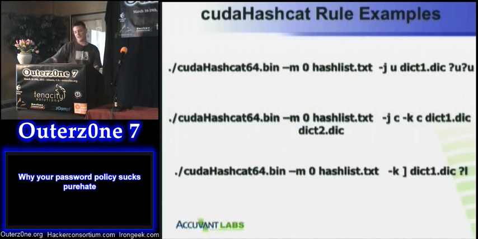And if you want to pass a rule to the right side, you give it the K switch. So in this example right here, C is capitalize. What I'm saying is to take my 2 dictionaries and put them on both sides and capitalize the first letter of each word in each dictionary on both sides. That actually probably wouldn't be all that effective now that I think about it, because it would be a capital letter in the middle of the word.